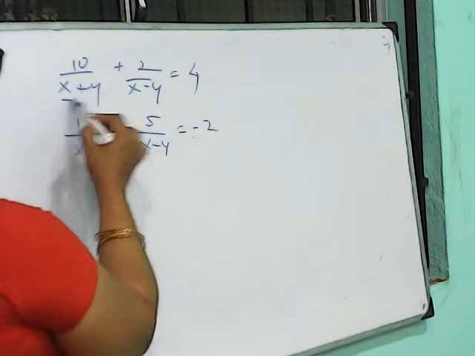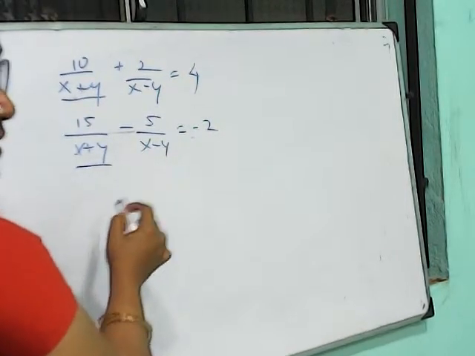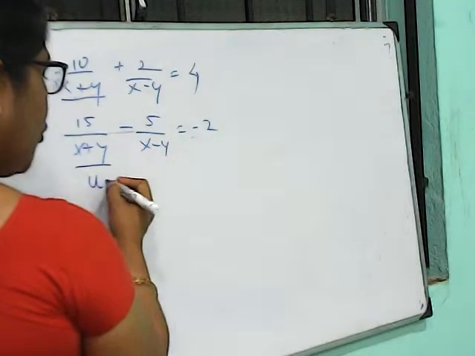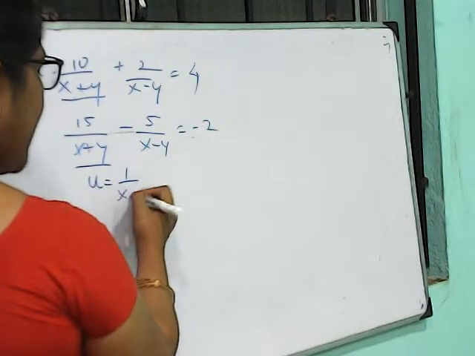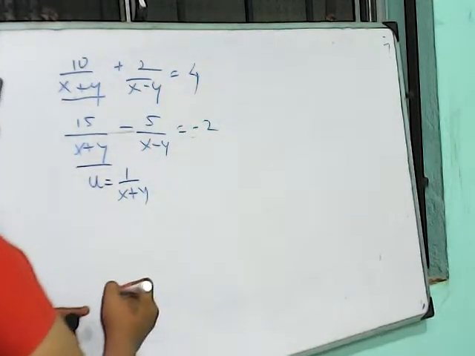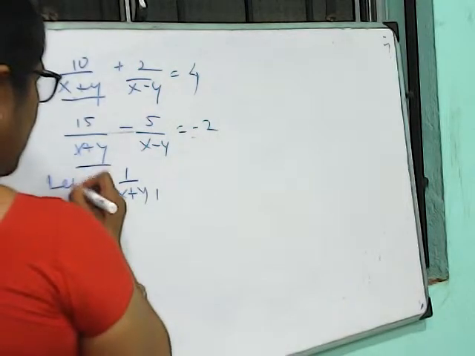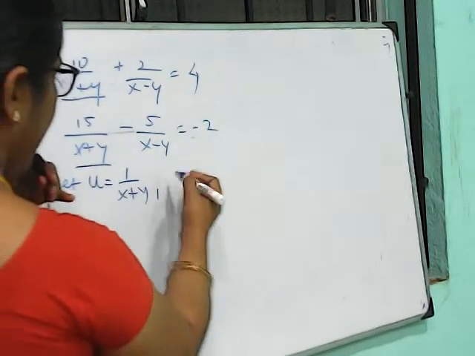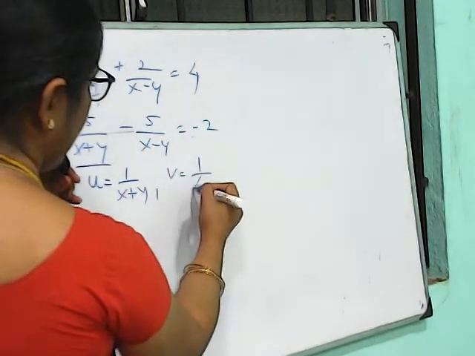Here, in both equations there is x plus y and x minus y. So we will substitute u to be 1 by x plus y, and let v be 1 by x minus y.